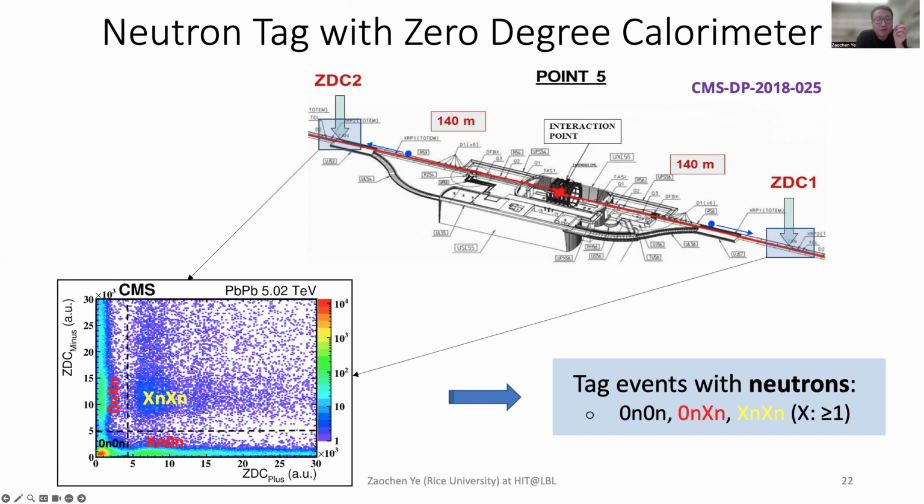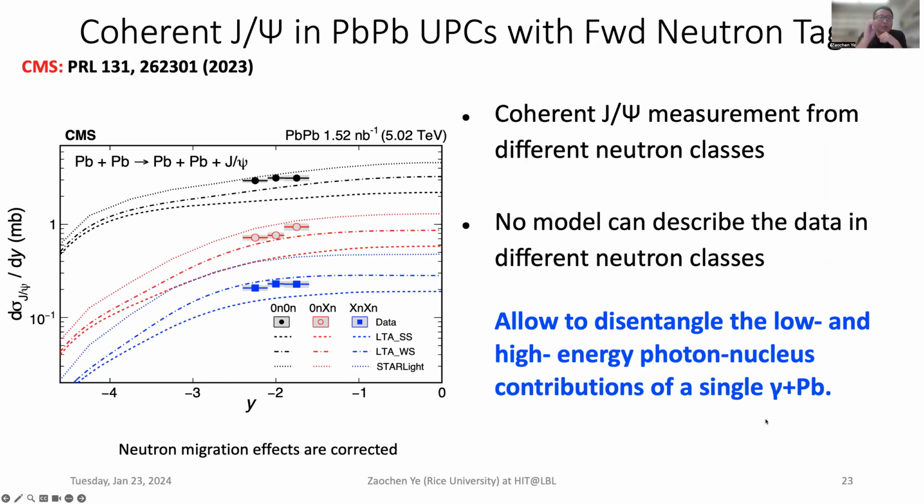The bottom left shows the neutron signals detected by the CMS ZDCs, which help us to classify the events into 0n0n, 0nXn and XnXn neutron classes. And then with that, we can measure the total cross section, the inclusive cross section, in different neutron classes, as we can see in this figure.